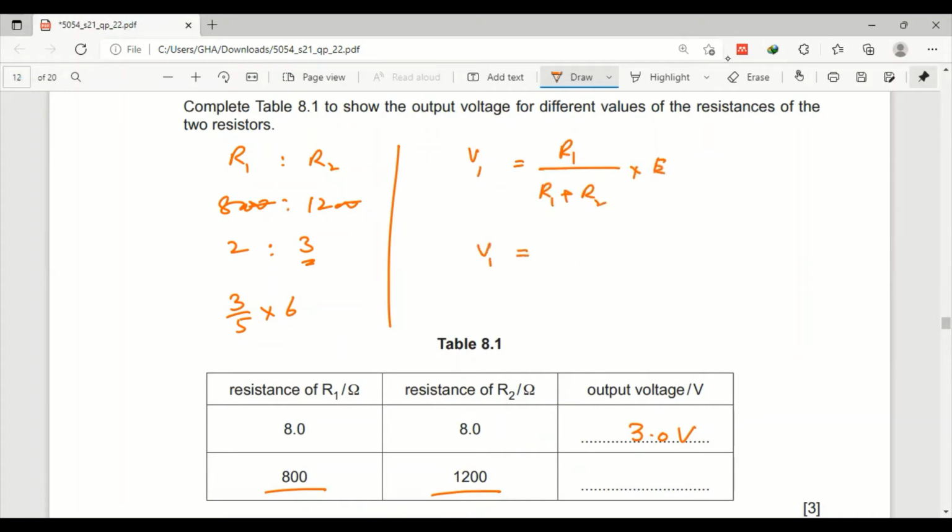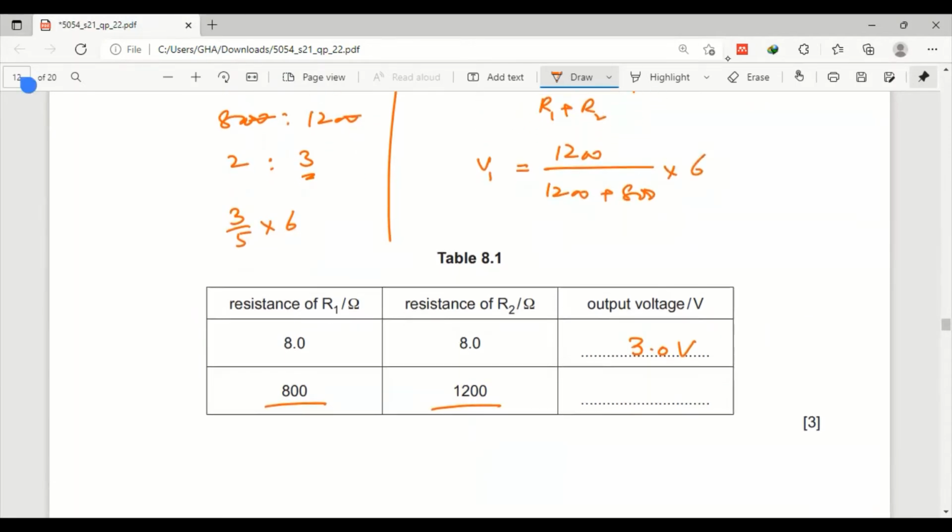So the voltage required across the 1200 and the other is 800 and the EMF supplied is 6. So by both methods, we will calculate the answer, which is 3.6. Yes, 3.6 volt.